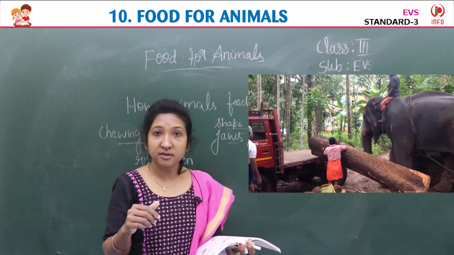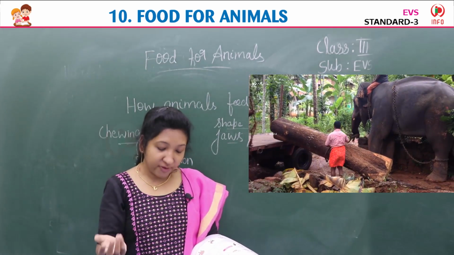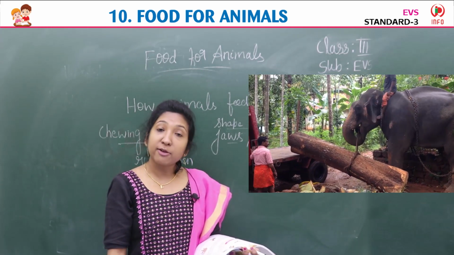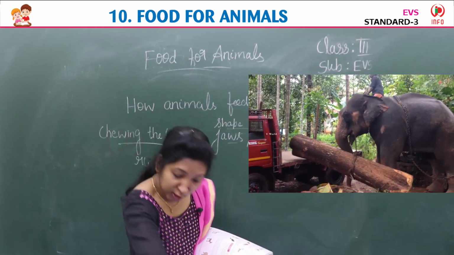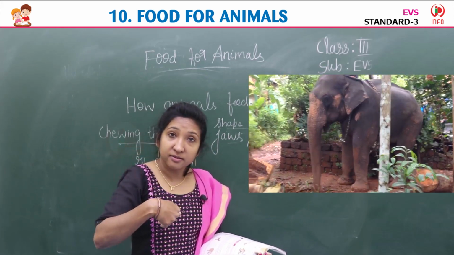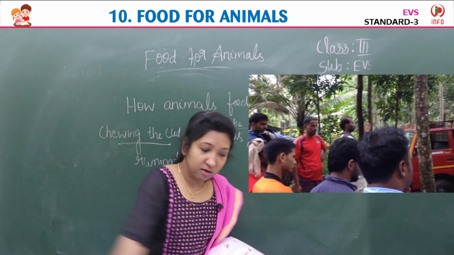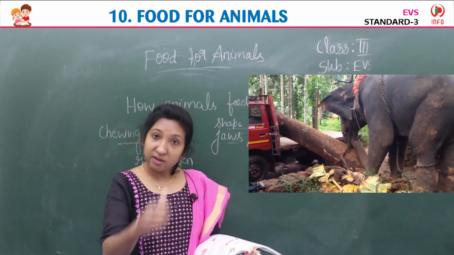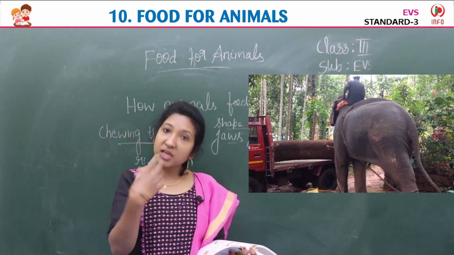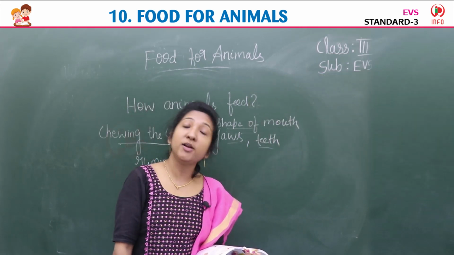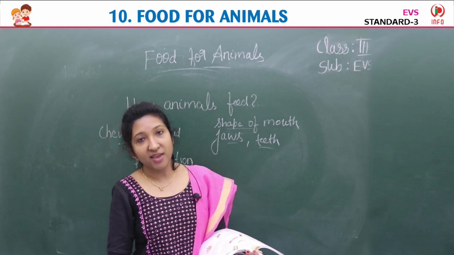Have you seen that? They lift big logs of wood using the trunk. For drinking water and for eating food they also use the trunk. So the trunk is helpful for the elephant in many ways.